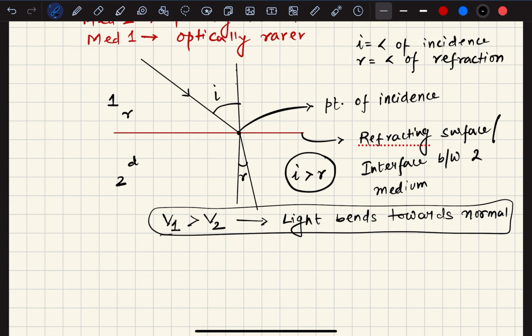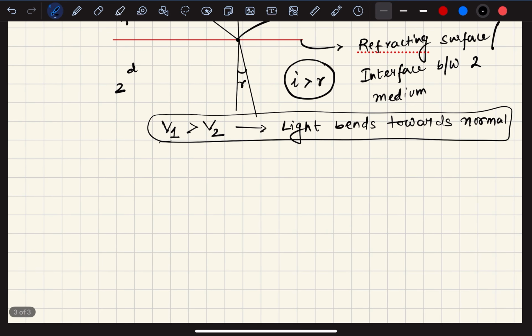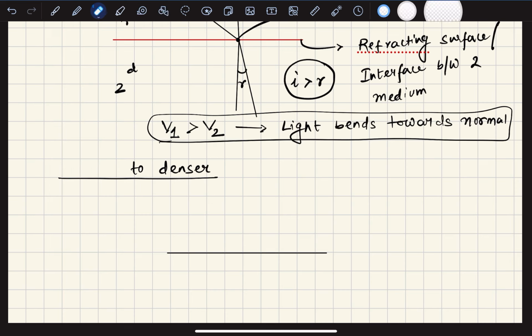Opposite side, let's do this. Okay. No, this was from rarer to denser already. So this should be from denser to rarer.